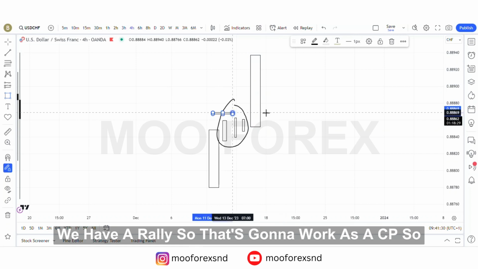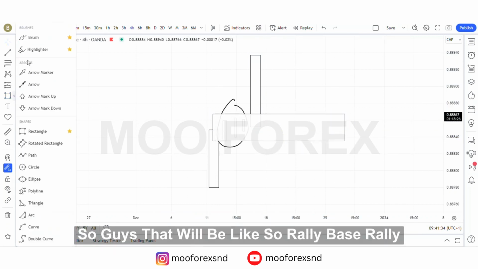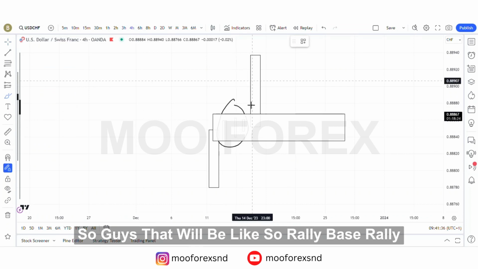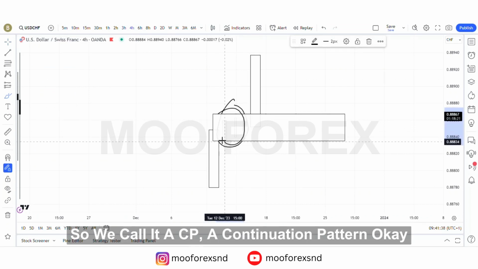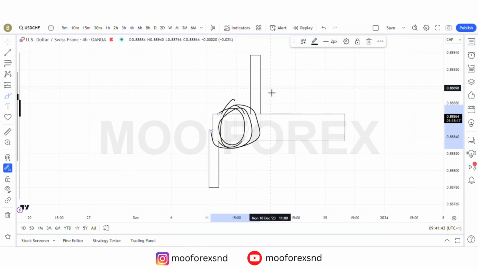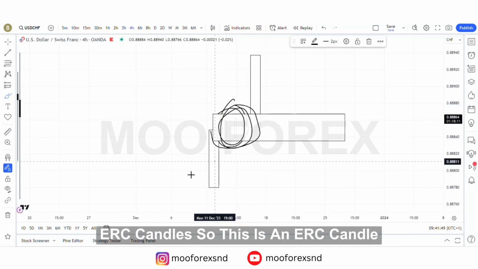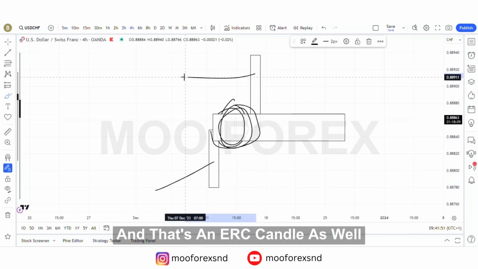So that's gonna work as a CP. So guys, rally base rally, we call it a CP, continuation pattern. As a continuation pattern, it must consist of two ERC candles. So this is an ERC candle and that's an ERC candle as well.